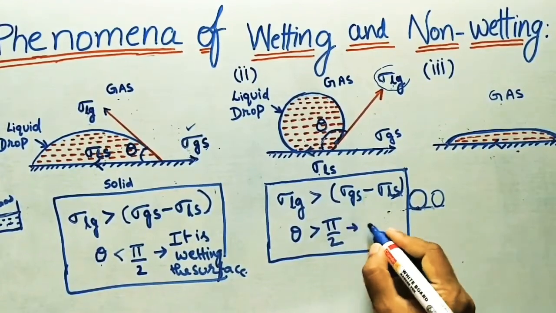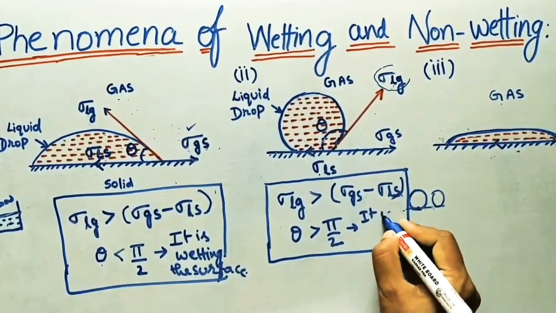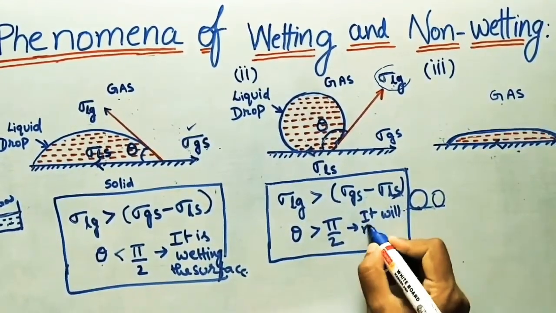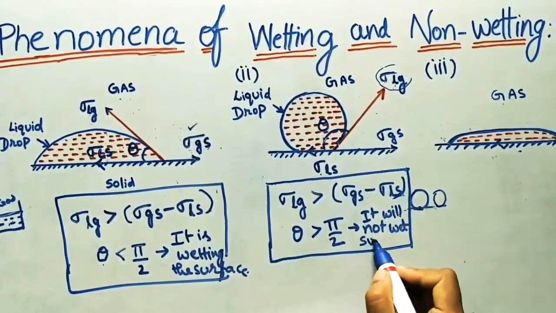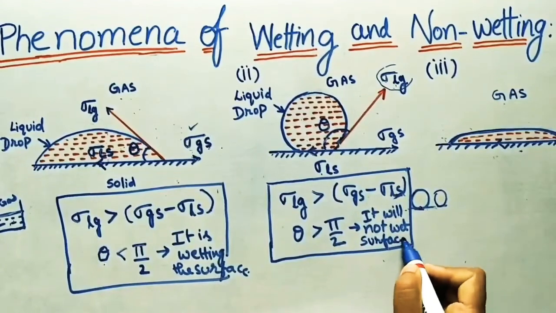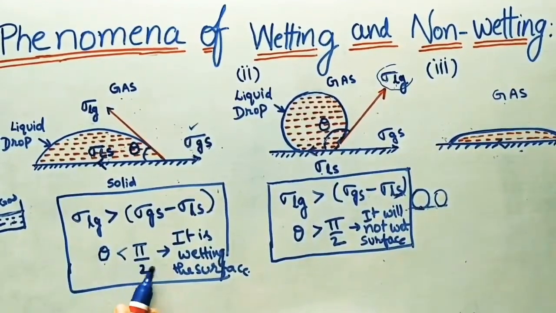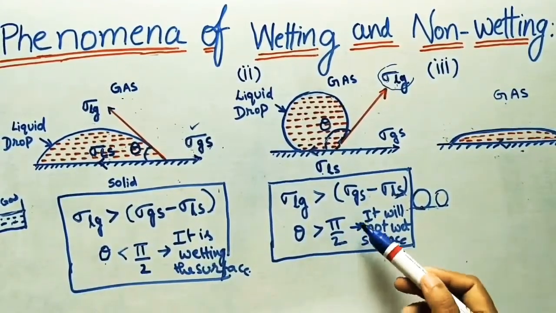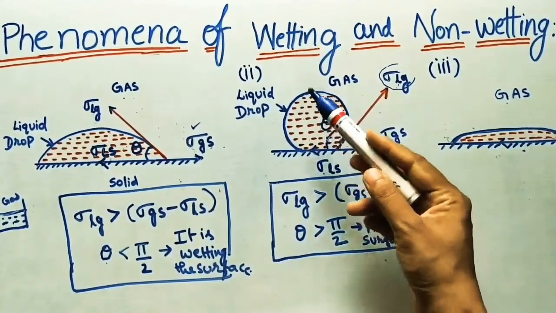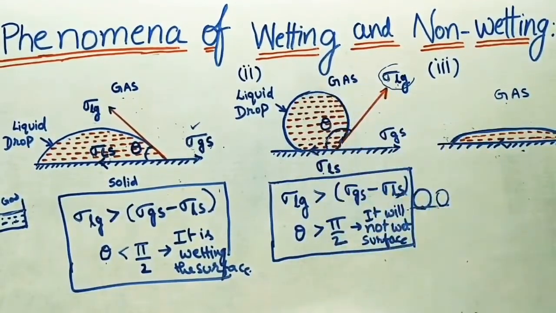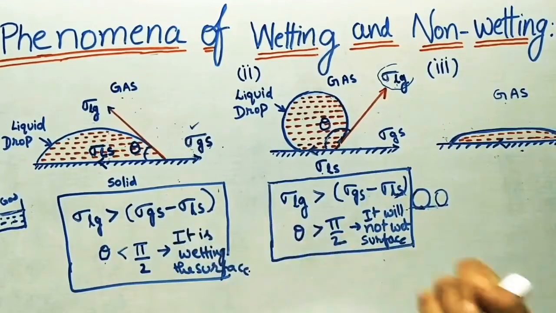Write down here: it will not wet the surface. If the angle is less than 90, it will wet the surface. If the angle is greater than 90, it will not wet the surface. So we are not using this phenomena for designing cooling towers.